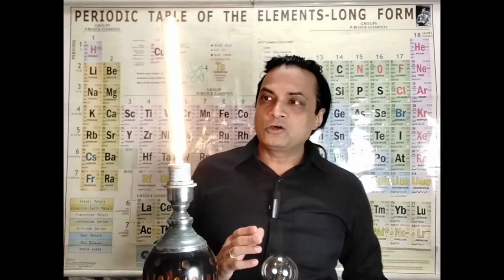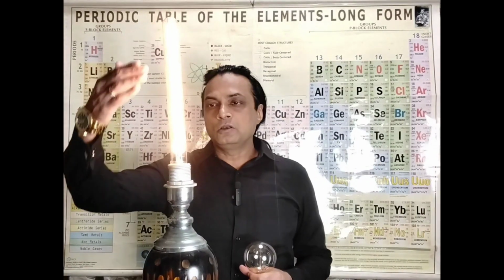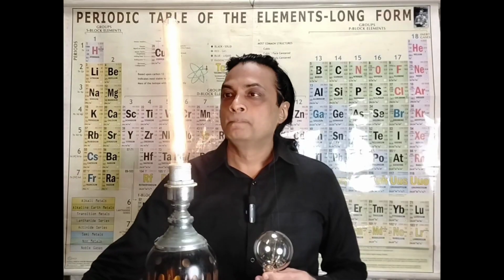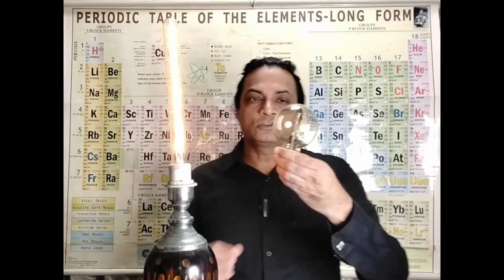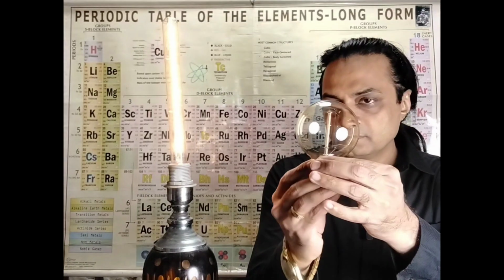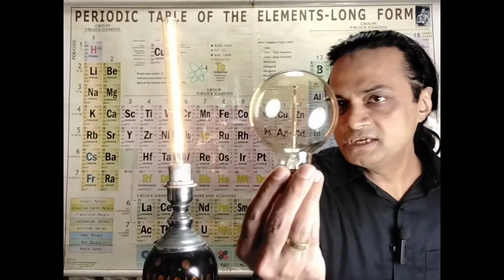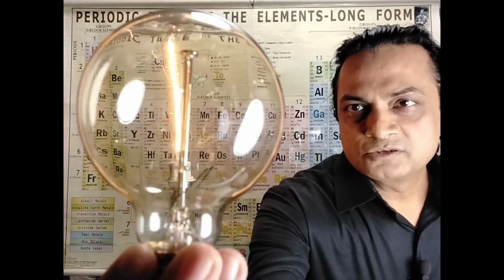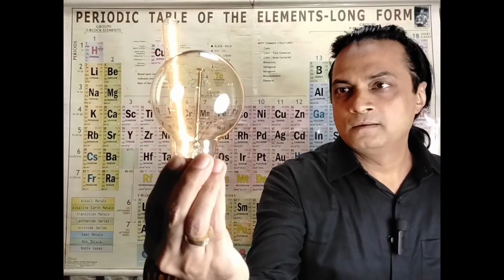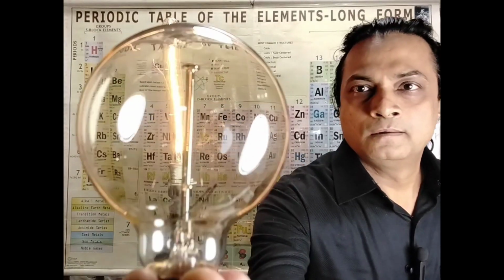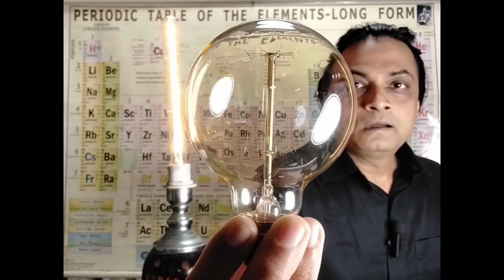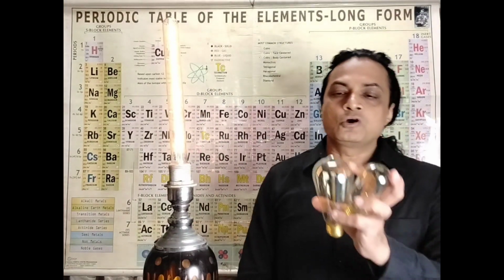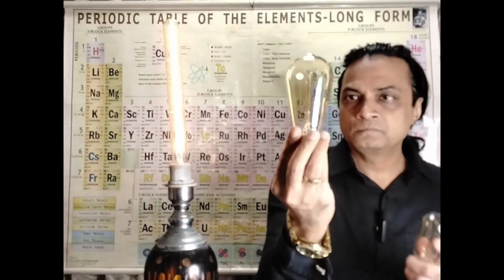Okay, and another difference is the long filament. Let me show you. Here is another Edison bulb, and as you can see, there are multiple long tungsten strands. I will try to show you with a couple of other vintage bulbs.